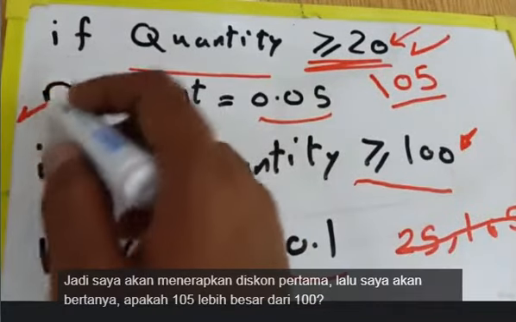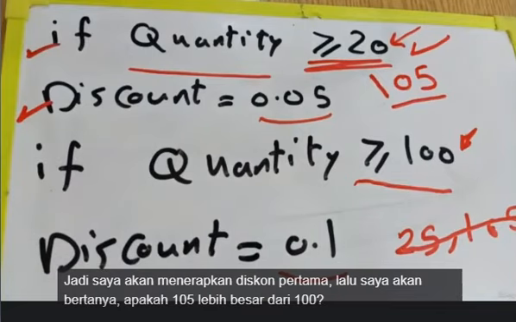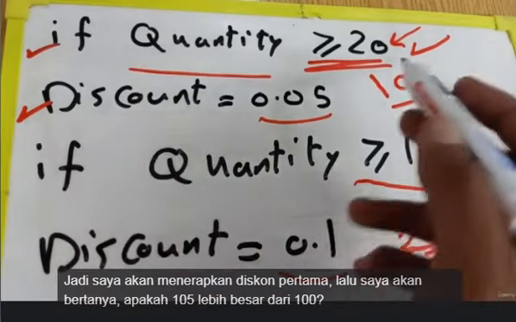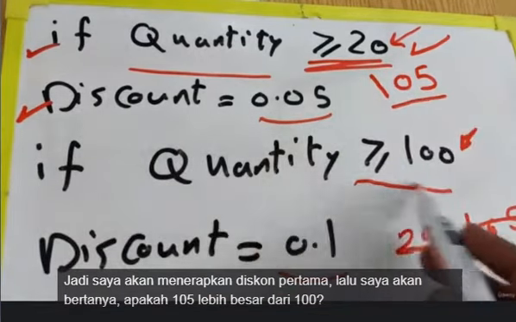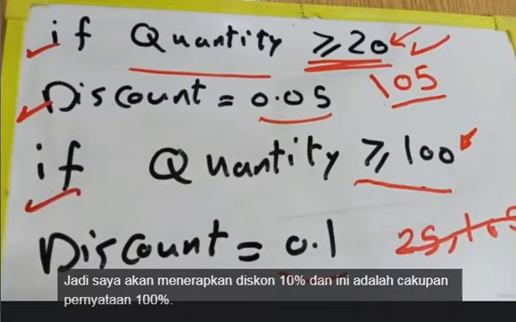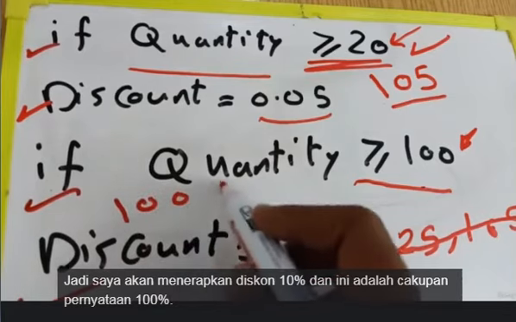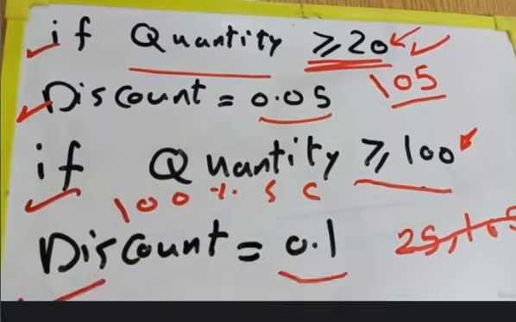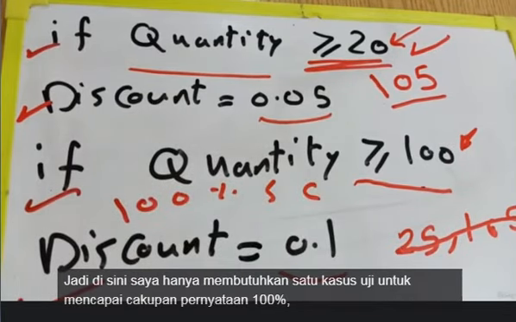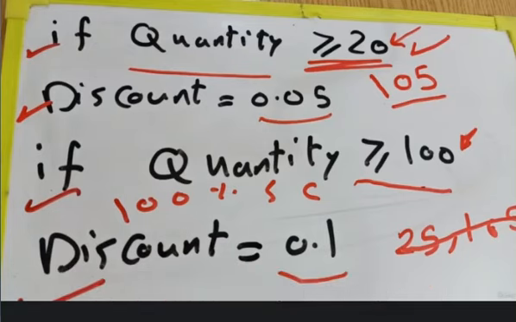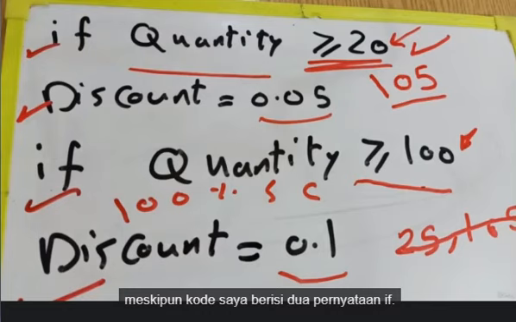So I would apply the first discount. Then I will ask, is 105 greater than 100? Yes. So I will apply the 10% discount, and this is 100% statement coverage. So here I needed only one test case to achieve 100% statement coverage, even though my code contains two if statements.